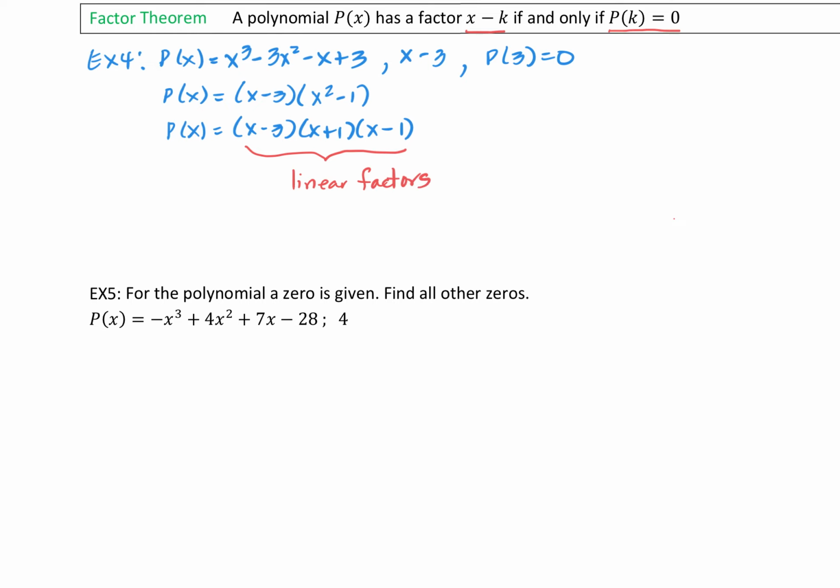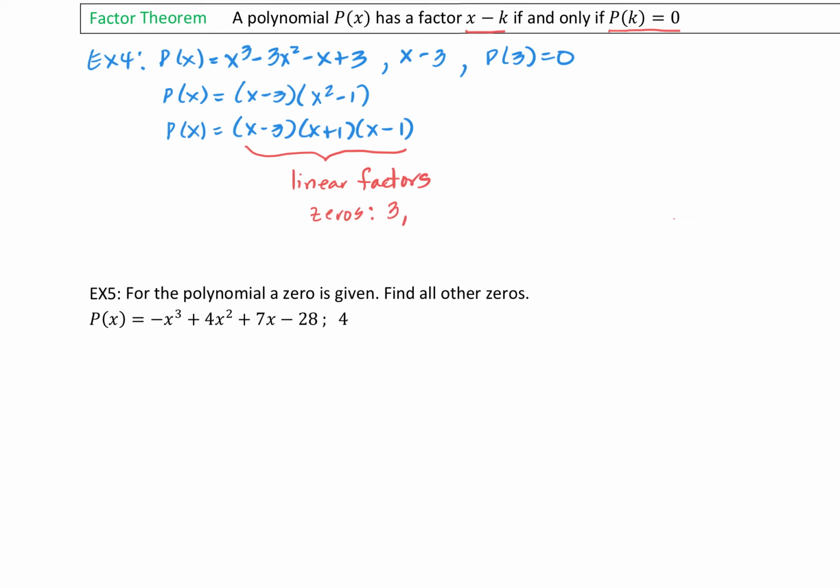If you look at each one of these factors, it'll give you the 0s, or the x-intercepts, of the polynomial. So the x minus 3, if you put in 3 for x, you're going to get 0. 0 times whatever the rest of that is going to give you 0. So 3 is one of our zeros.